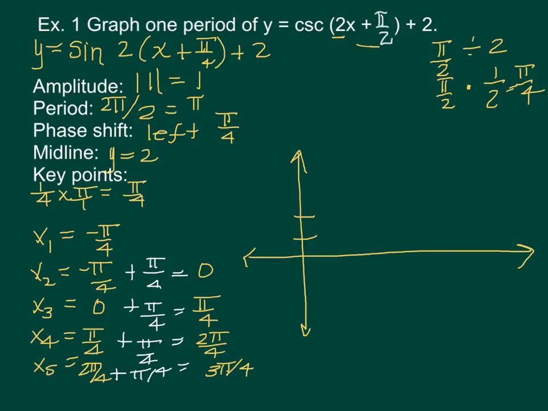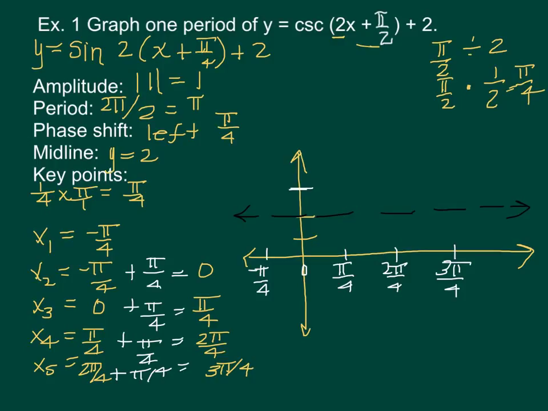When they say the midline is 2, this is now your new 0. And since my amp is 1, we're only going up 1 and down 1 from your midline. Okay, my first X starts at negative pi over 4, then 0, then positive pi over 4, 2 pi over 4, and then 3 pi over 4.